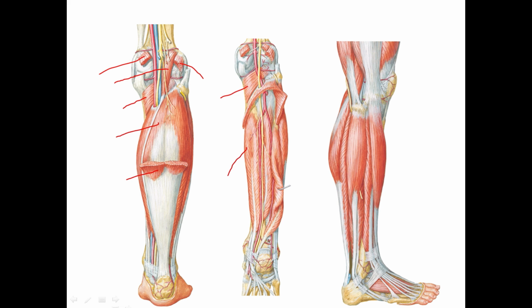And then in the middle, this muscle, that is the tibialis posterior muscle. It will finish here in the middle of the foot. Next, we are having here this one. This one is our flexor hallucis longus muscle.